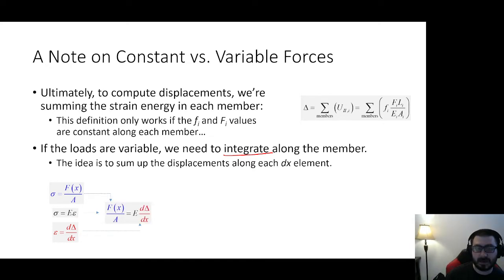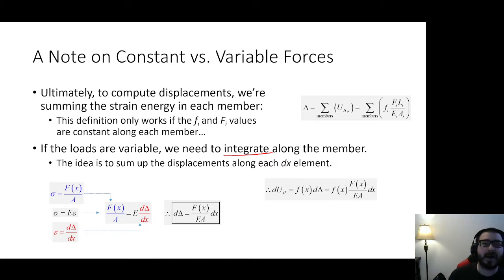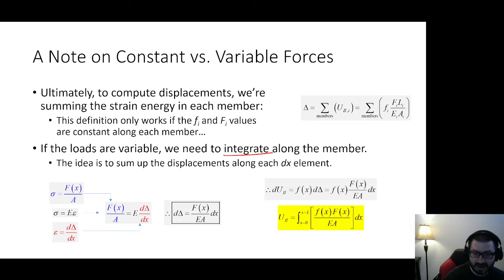So now we can combine those, rewrite them a little bit, rearrange in order to get a displacement along each element. So the differential displacement is F over EA dx. Multiply that by the little f, and then integrate.